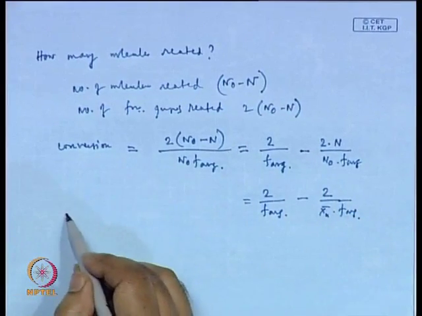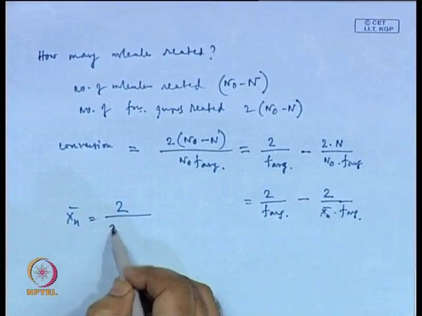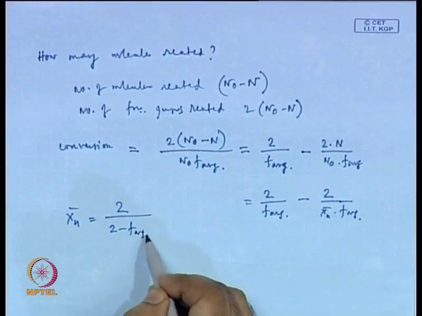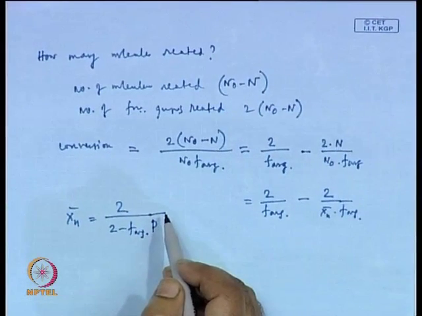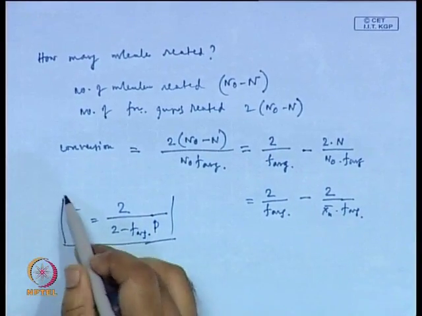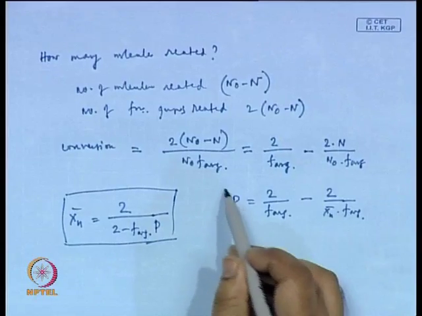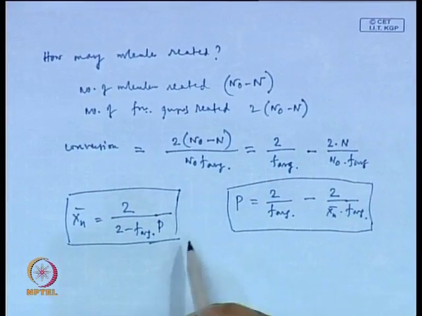We can rearrange this also to get Xn is 2 by (2 minus F average times P). So in this case, this is the Xn and this is your P, the conversion.